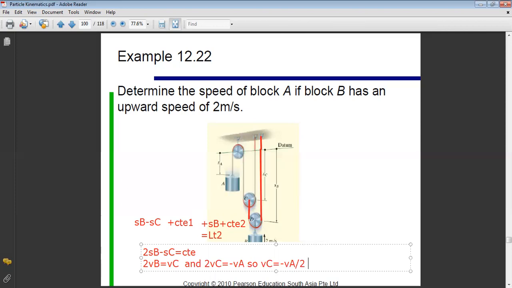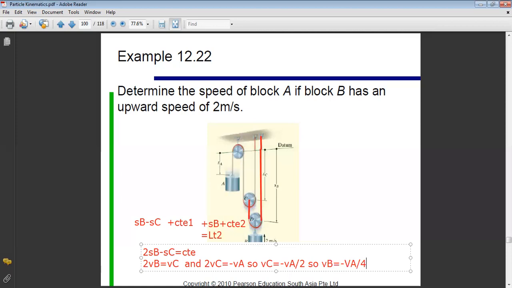Okay, and now if I replace it to get a relation with B, I get that VB is equal to, what we want to do is to relate with A. So we can replace VC by minus VA over 2 here. Okay, so we get that VB is equal to minus VA over 4.